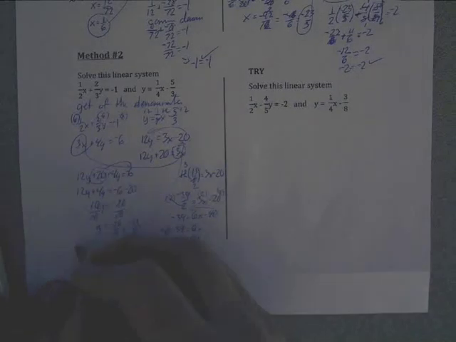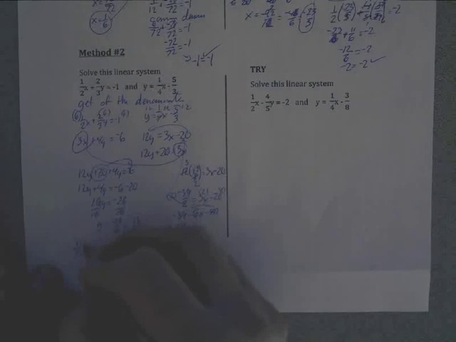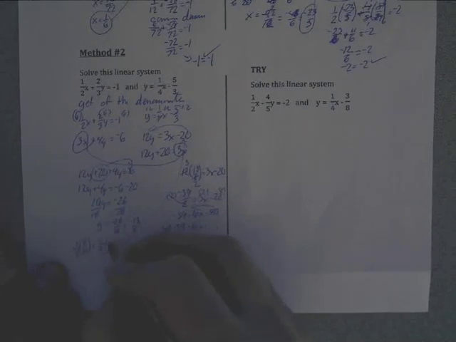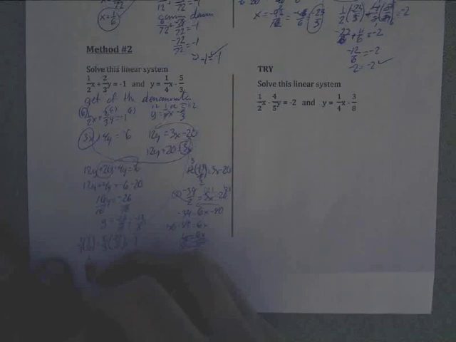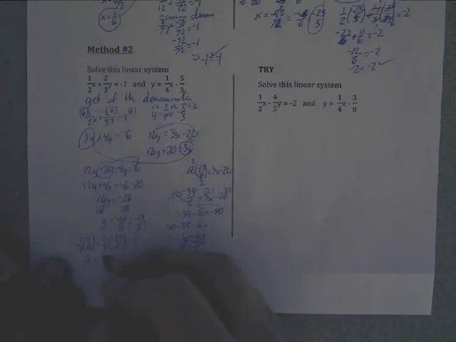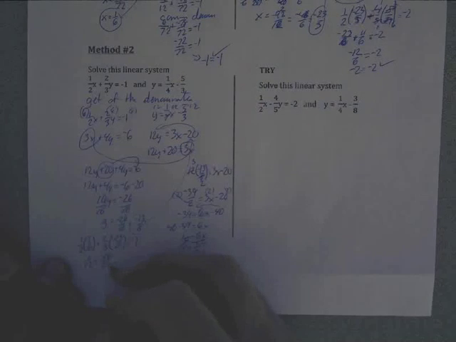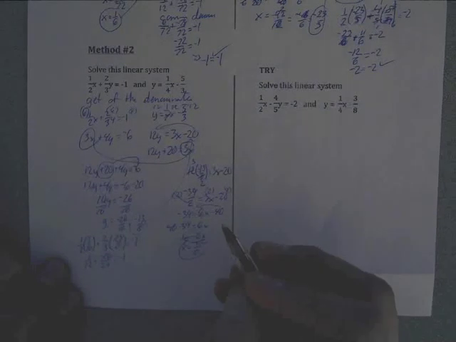So here I get 1/2 times 1/6 plus 2 over 3 times negative 13 over 8 is equal to negative 1. Here I get 1 over 12 plus negative 26 over 24 is equal to negative 1.